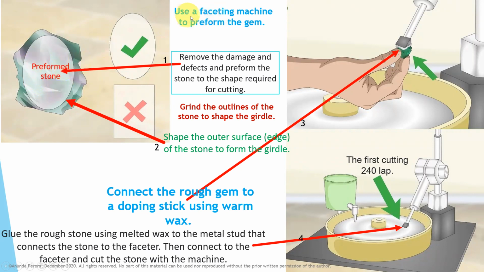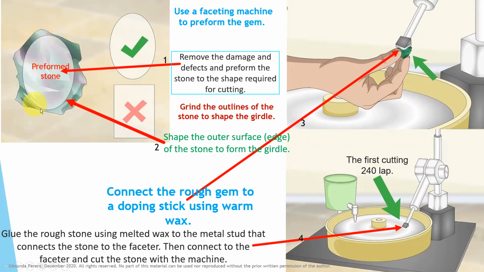To do this, we use a faceting machine to preform the gem. See, this is the lap. We are preforming with that. This is the correct way. Grind the outlines of the stone to shape the girdle. These outlines, can you see? These outlines we are grinding with this rotating lap. The area around this preformed stone is removed by grinding.